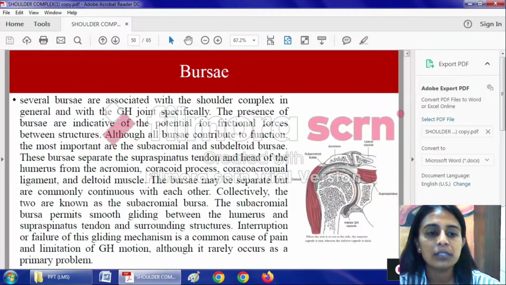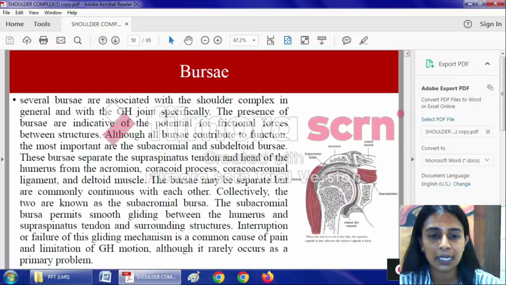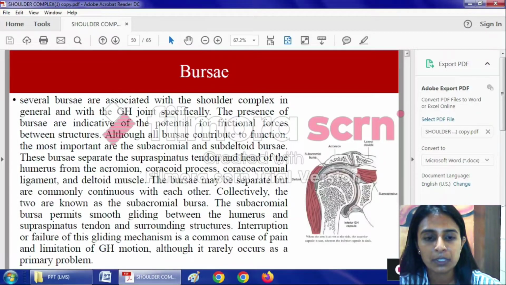The bursa separate the supraspinatus tendon and biceps of the humerus from the acromion, coracoid process, coracoacromial ligament and deltoid muscle. The bursa may be separate but are commonly continuous with each other. Collectively, the two are known as the subacromial bursa.